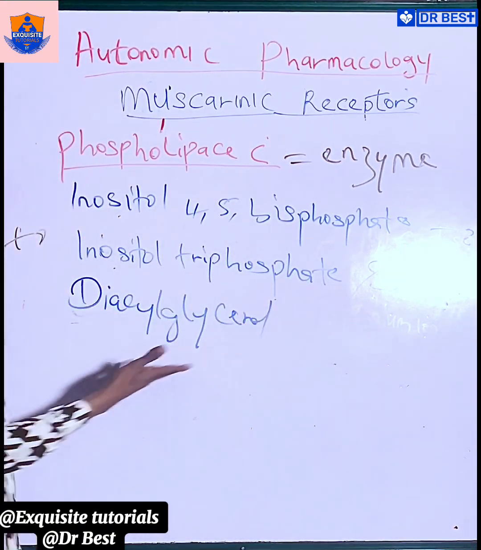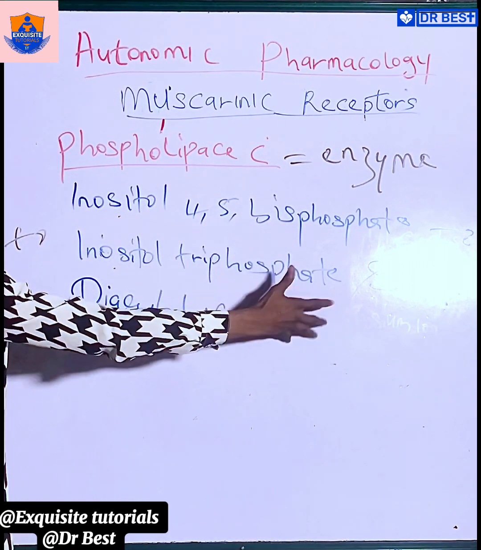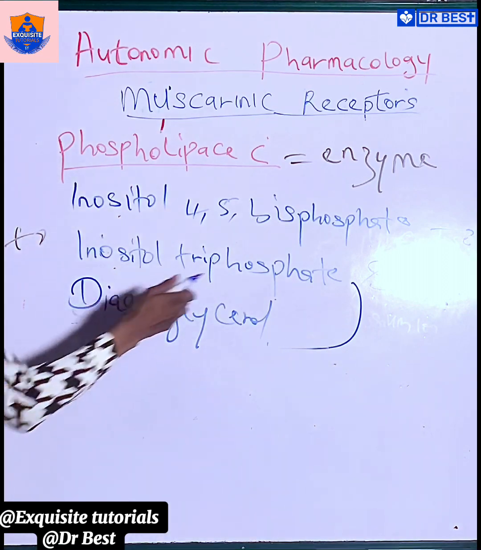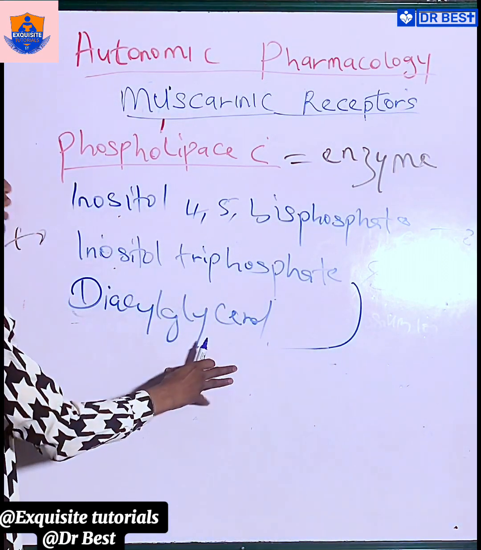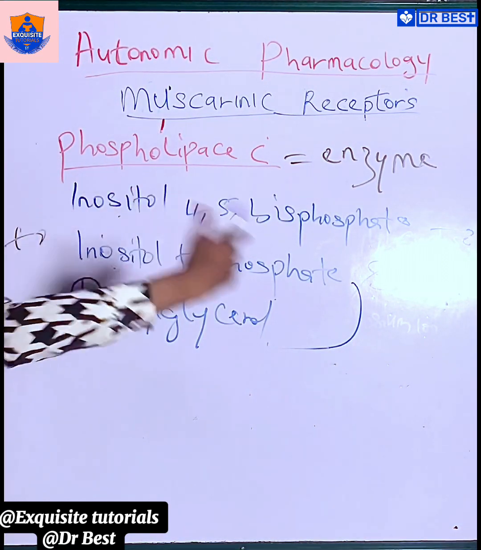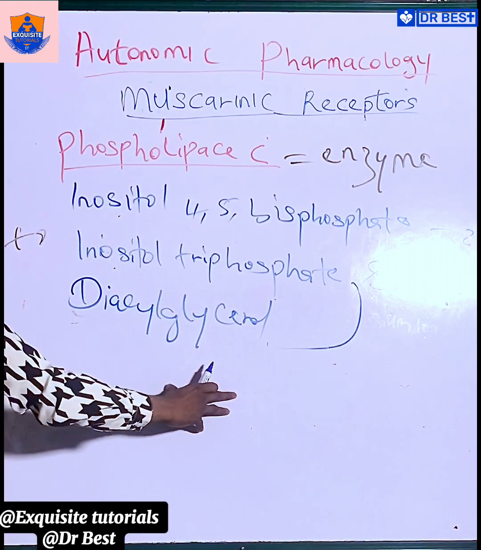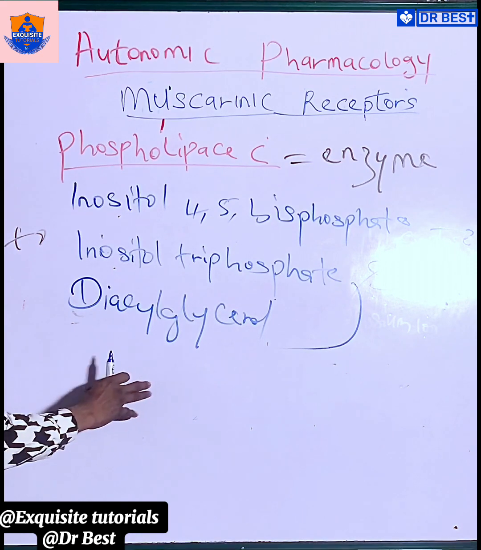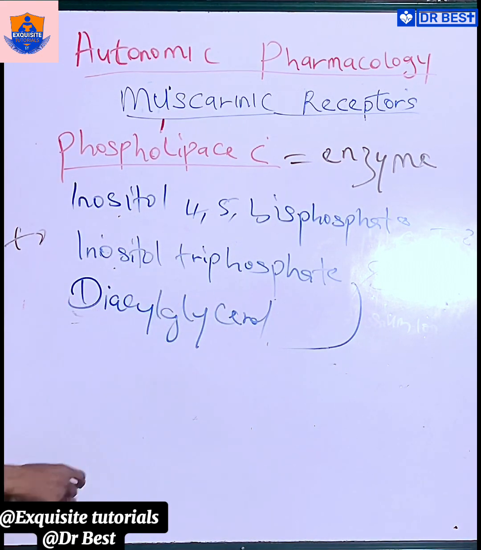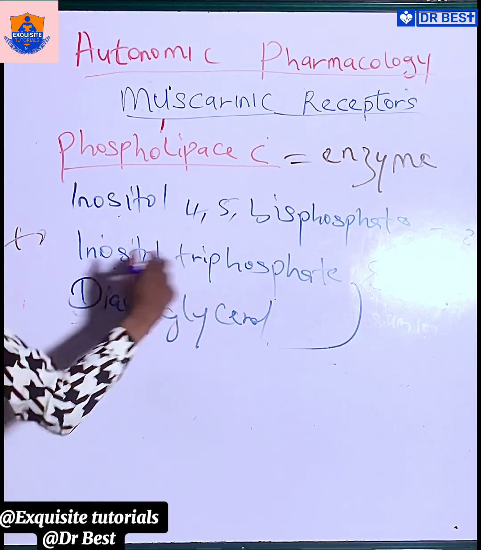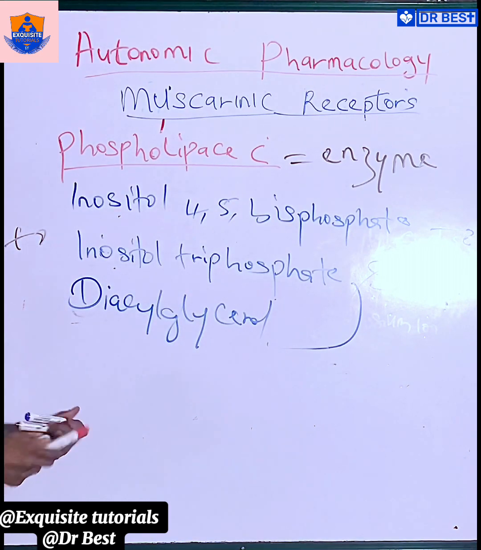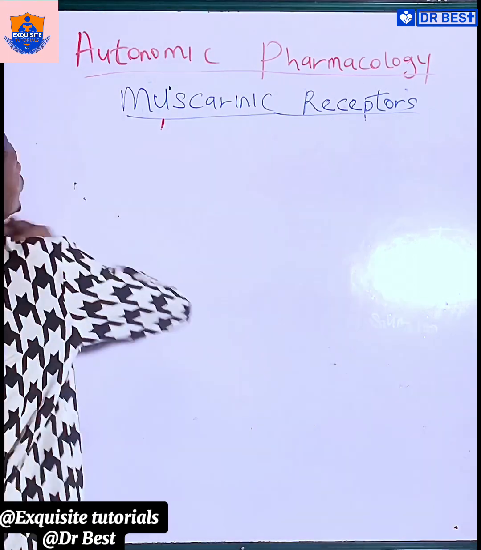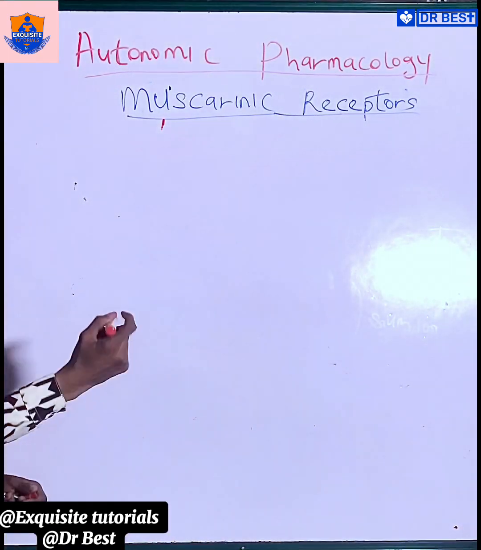Now, when this conversion happens, it is this inositol triphosphate and diacylglycerol that will increase the mobilization of calcium from the storage cells. Now, what is inositol triphosphate and diacylglycerol? IP3 and DAG. Now let's talk about IP3 and DAG.